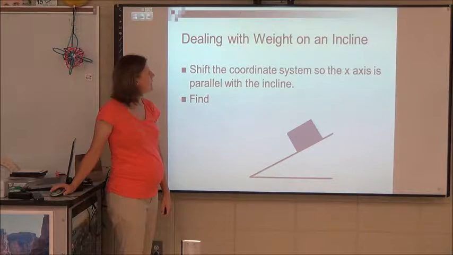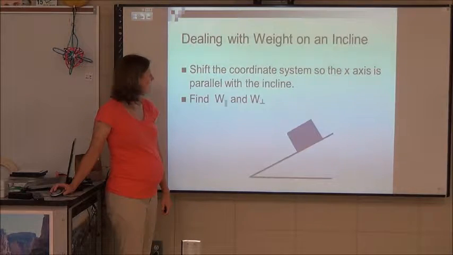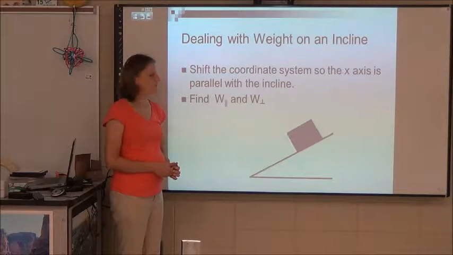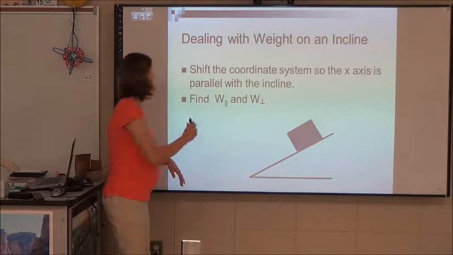All right, dealing with weight on an incline. Incline problems are kind of common force problems that we'll see.